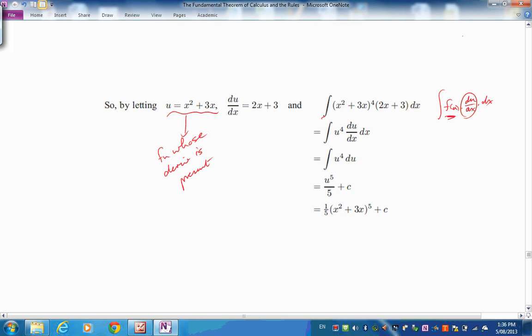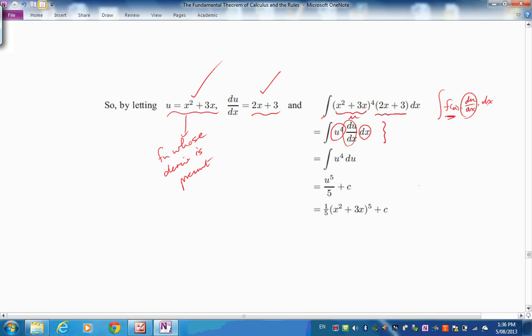So when we're deciding u, we see it's a product and this is the derivative of this thing here. So that's going to be u. So over here we say let u be that, differentiate it. du by dx is 2x plus 3. Now we'll put it all in u land here. What have we got? We've got u to the fourth, its derivative present with respect to x.